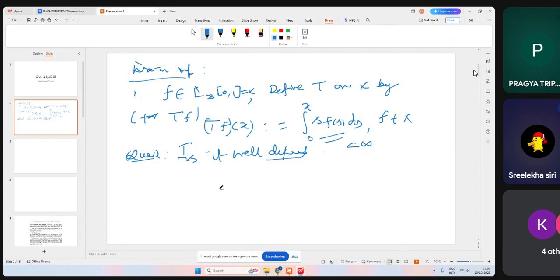Nobody has verified it. This integral exists, but the value may not be finite. For example, s is continuous, f is in L2. Is it necessary that s times f(s) should be in L1?